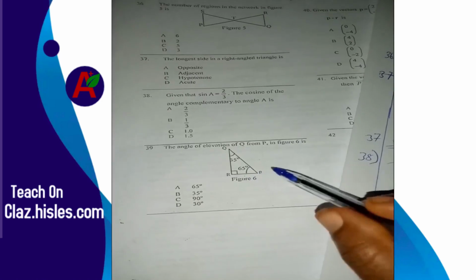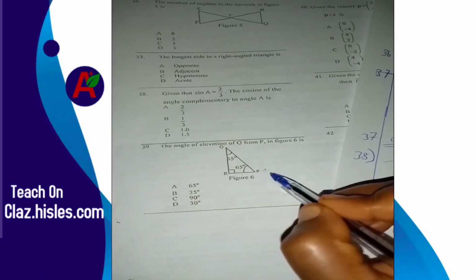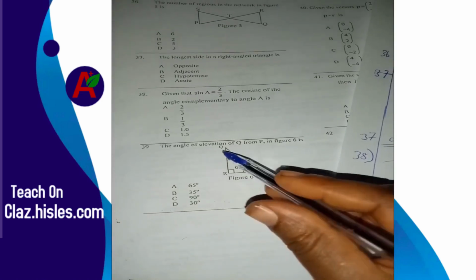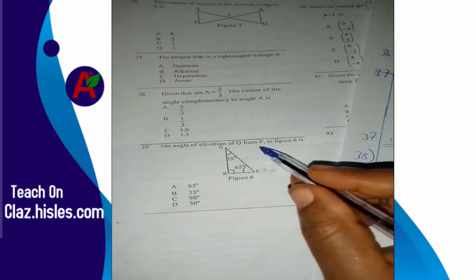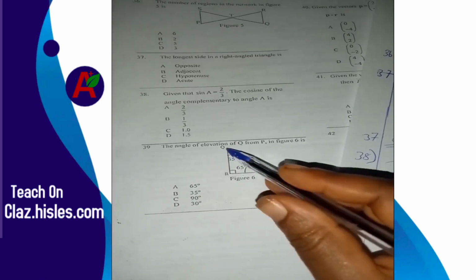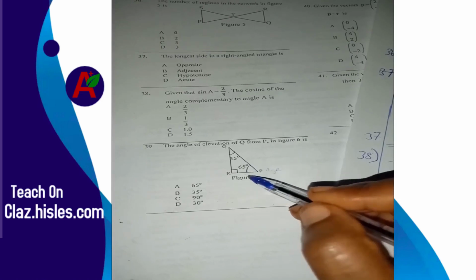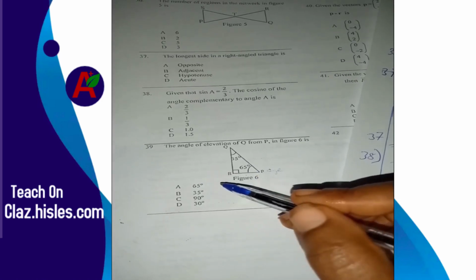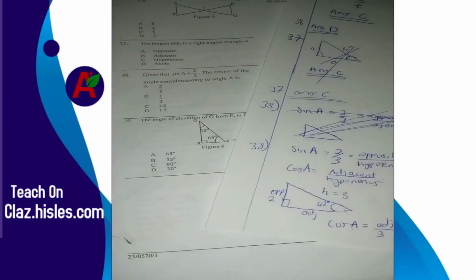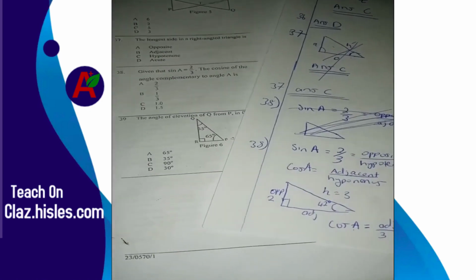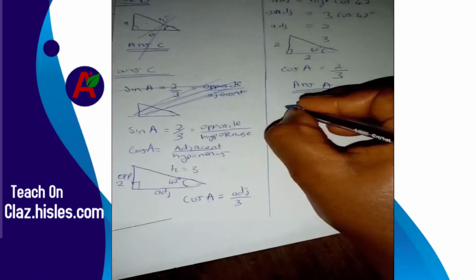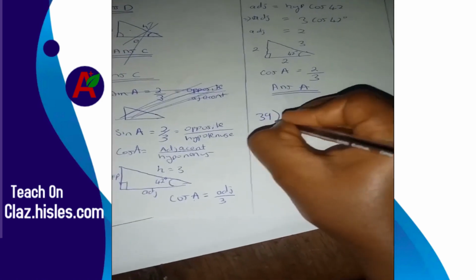Your eye is at P because we started from P and are looking to Q. So our angle of elevation is 65 degrees. The answer to number 39 is A.